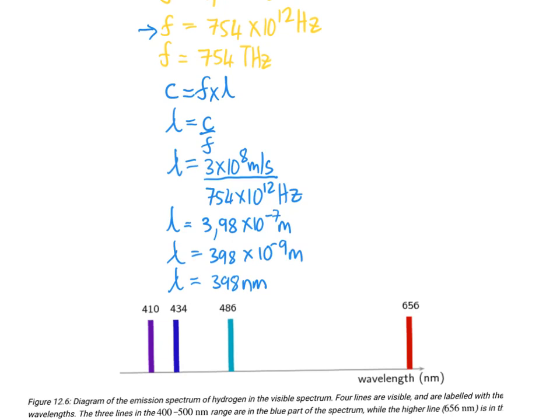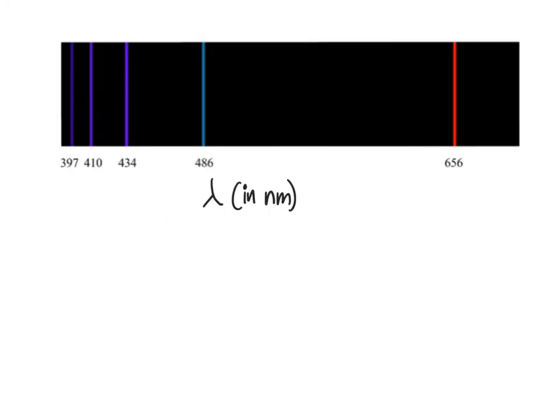Now when we compare this value to the spectrum of the hydrogen atom that we saw previously in this video, we see that this value of 398 nanometers doesn't correspond to any of these bands on the emission spectrum. So the question is why? The answer is that those 4 bands are not the only 4 bands to be found on a hydrogen emission spectrum.